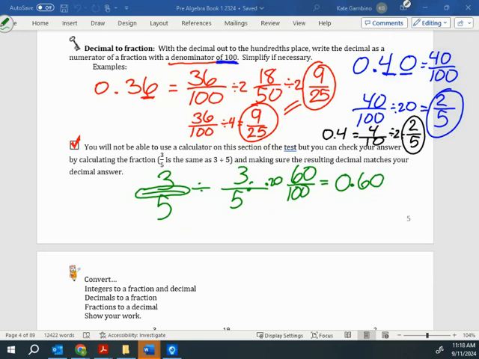So I can use my calculator to check it, but we're not just going to use it to find the answer, because on the test, we're not using our calculator to find the answer. So when we do our work, I want to see all of the steps present. So you have to show the steps, or you will not get credit for doing the homework. Right? So let's look at our second page.